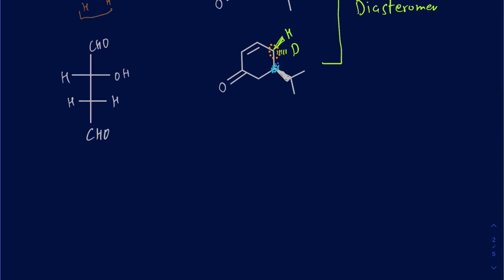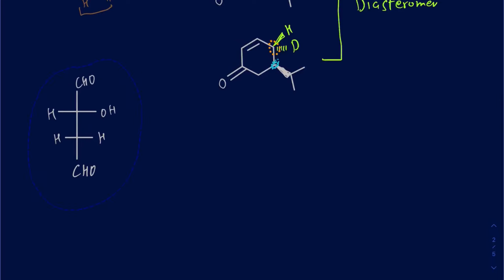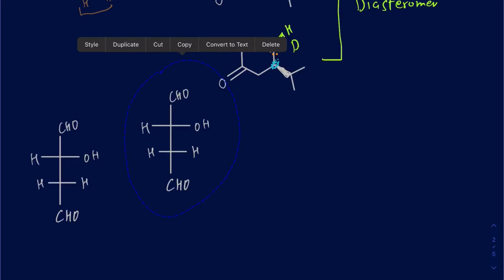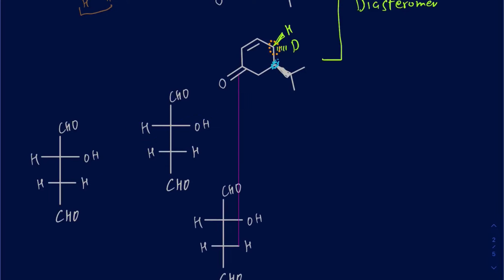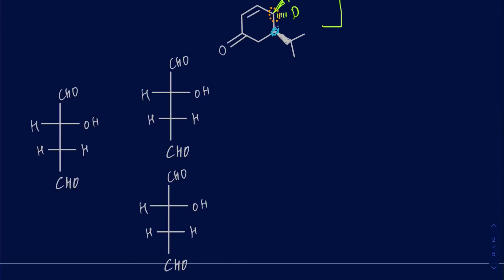I do have another example here. Let me just copy this down a little bit. And if I do a replacement test on this, so one of them is right there and the other one is right there. It's running out of space there. So in one case, I'm going to be replacing this with the deuterium, and in the second case, I'm going to be replacing the hydrogen that's on the left side with the deuterium.